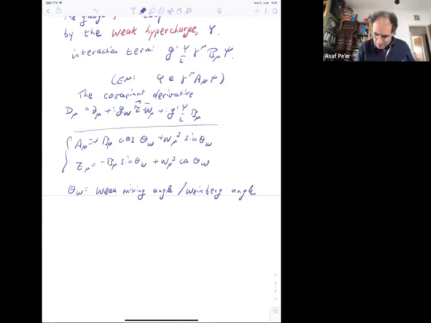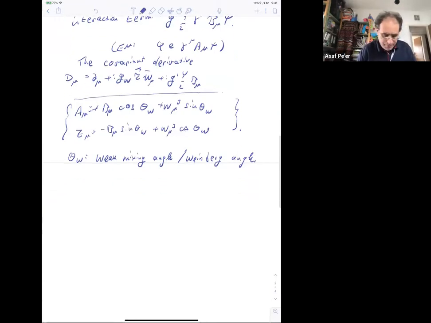Okay, if we believe this structure, then we can write down the fermionic currents associated with the B and the W, and with the photon and the Z boson, of course. The electromagnetic current J mu is J mu Y for the hypercharge, times cosine theta weak, plus J mu 3 times sine theta weak.